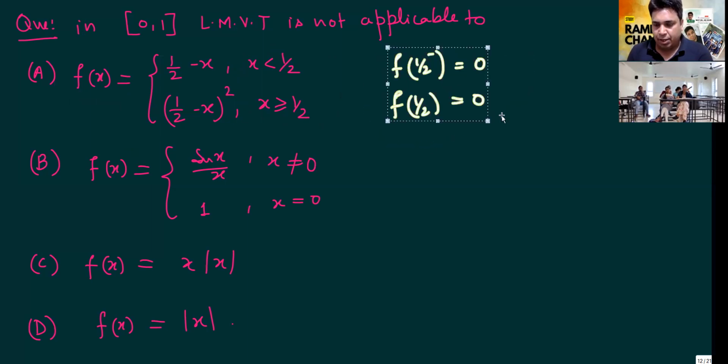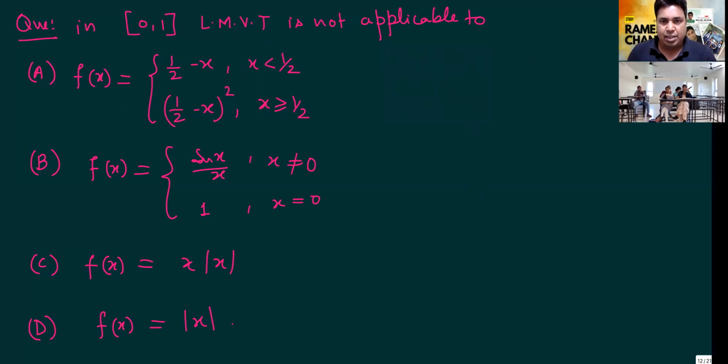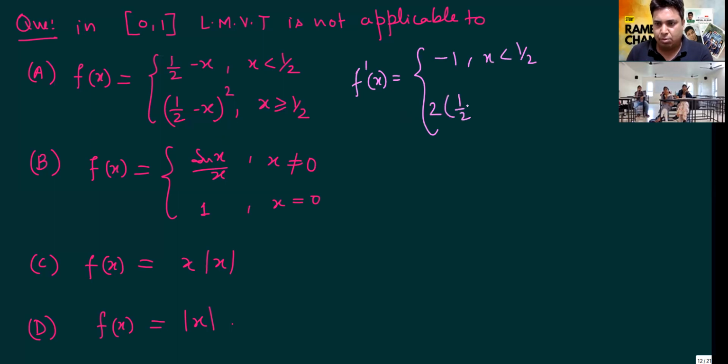Now what do we need to have? We need to check the differentiability condition. The main problem occurs in differentiability at half. So what will we do? We will take f dash x, just differentiate it. Since it is continuous, f dash x can be written as minus 1 for x less than half, and for x greater than or equal to half, 2 times (1 by 2 minus x) into minus 1. So what about f dash half?